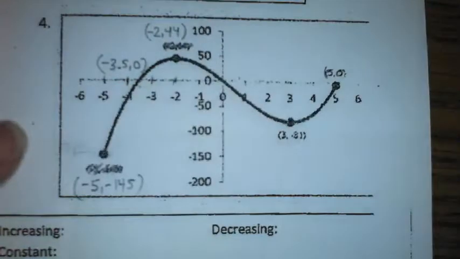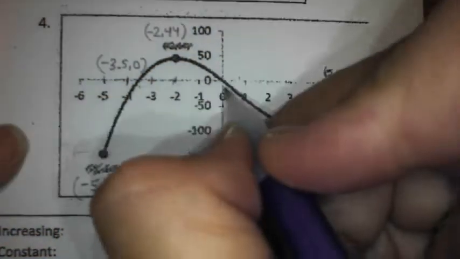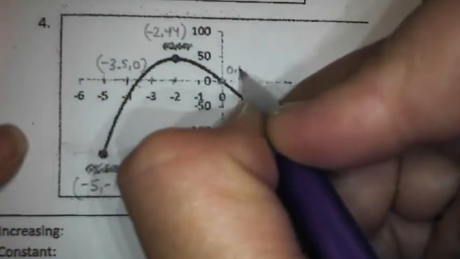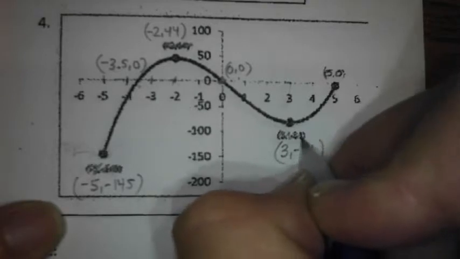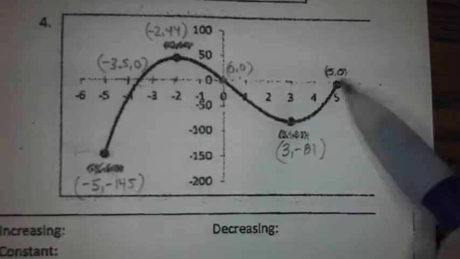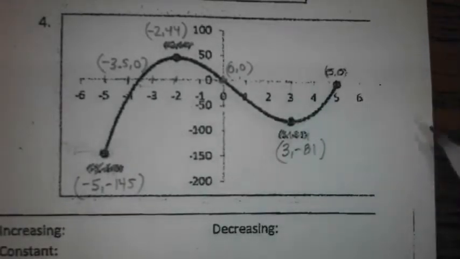This one says -244. This x-intercept is 0, 0. This point is 3, -81. I apologize, it didn't copy right. And this last one is going to be 5, 0.